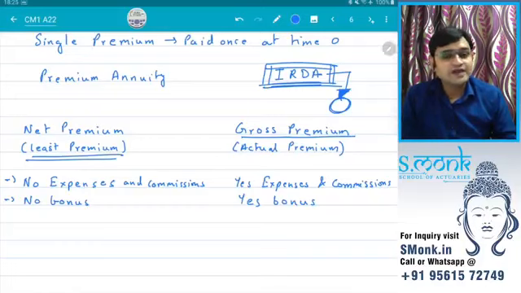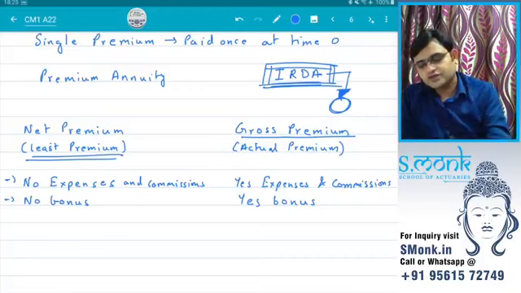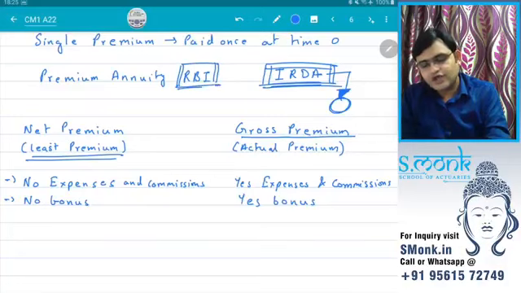Same thing happens with banks as well. Banks is another entity that deals with a lot of money of people. So for banks, you have RBI, right? Reserve Bank of India. The Reserve Bank makes sure that people don't get cheated. So first thing is they take a lot of money as security before they allow you to open a bank.